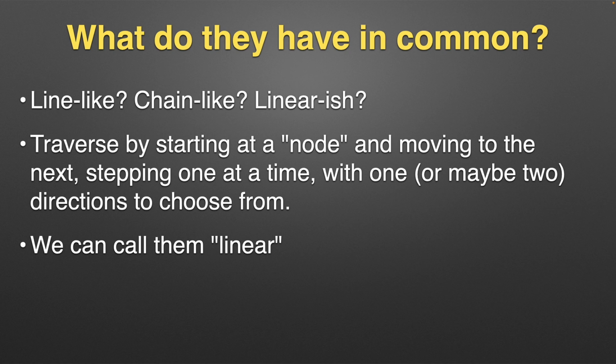And all that means is that in general, if we're going to look at one of these collections, we have to pick a point where we enter, and then we move through the data structure one node at a time. And so usually we can only move in one or two directions, right? Maybe we move forward down a list or we move backwards down a list.